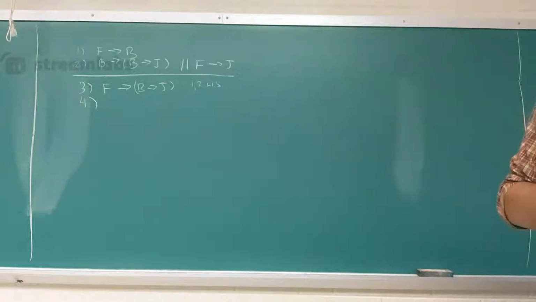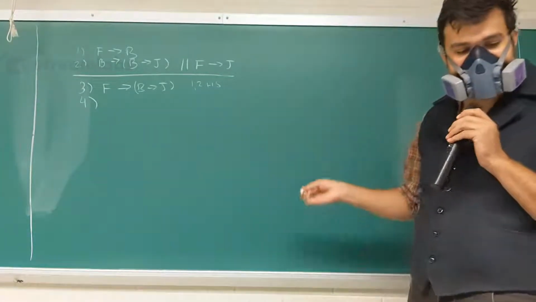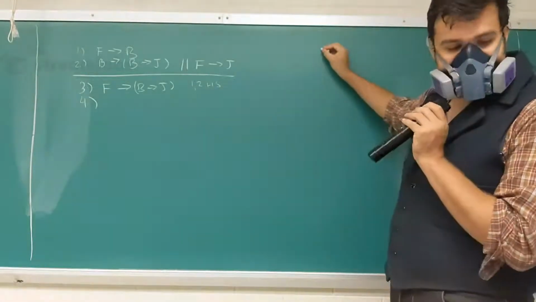Okay, so then did you do anything after that? Then I tried to do F and B to J, like the exportation? Yeah. Okay, so exportation is this rule.